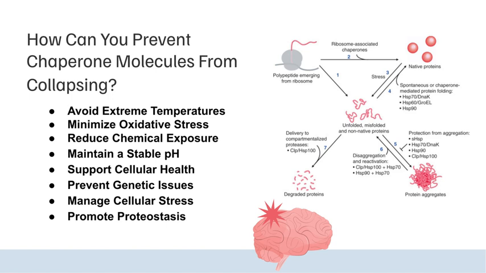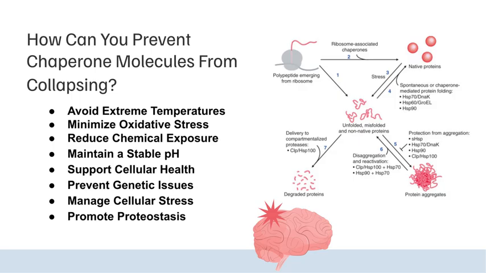And then next, reduce chemical exposure. Avoid toxins, pollutants, and heavy metals that can damage proteins. Next, maintaining a stable pH. Ensure proper cellular environments by staying hydrated and maintaining balanced electrolyte levels. Support cellular health.